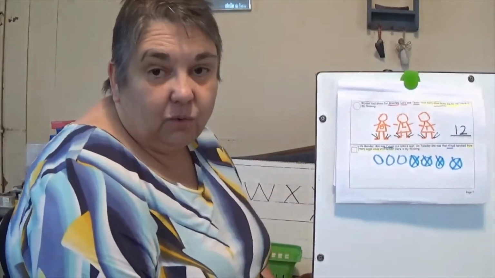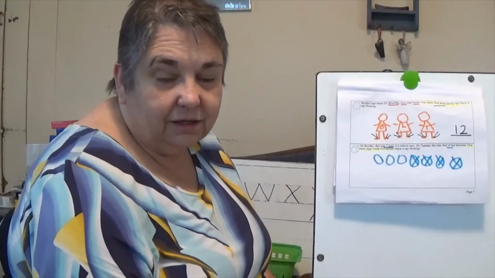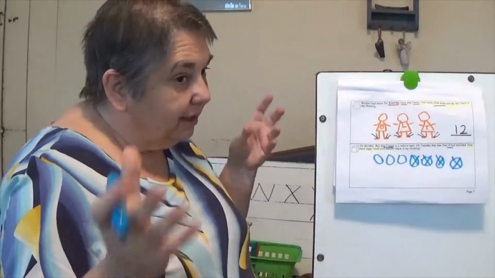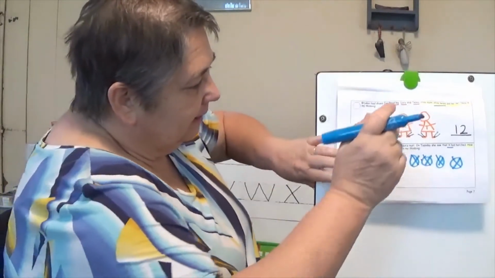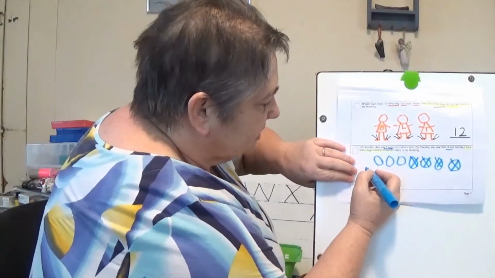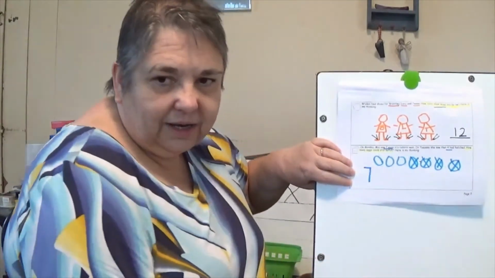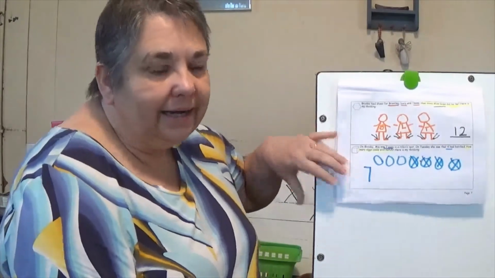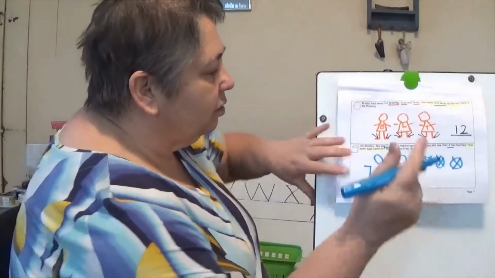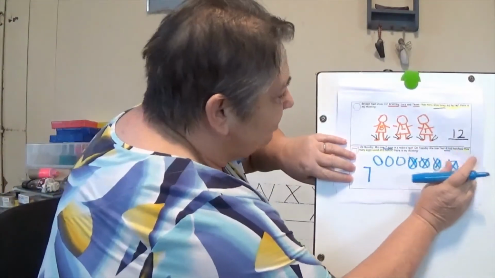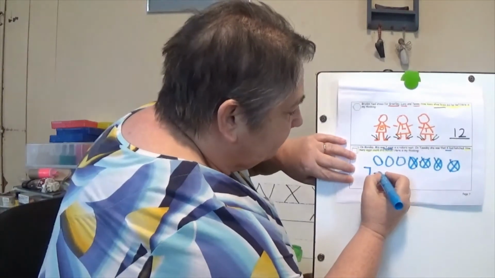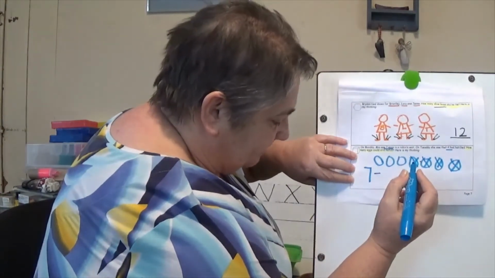Now what is the equation that we're going to do for this one, Lily? Don't get fooled. We're not putting together this time. We have our altogether number, 7. Good. And then what? Minus. That's right. We are taking away. We're taking these eggs away. They can't hatch anymore. So how many are we taking away, Lily?